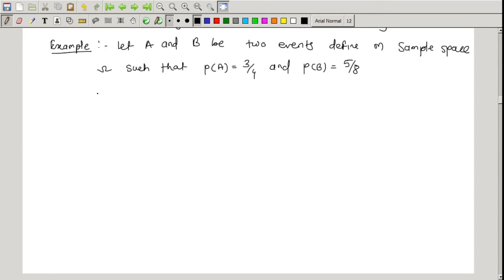Show that 3 by 8 is less than or equal to P of A intersection B is less than or equal to 5/8.